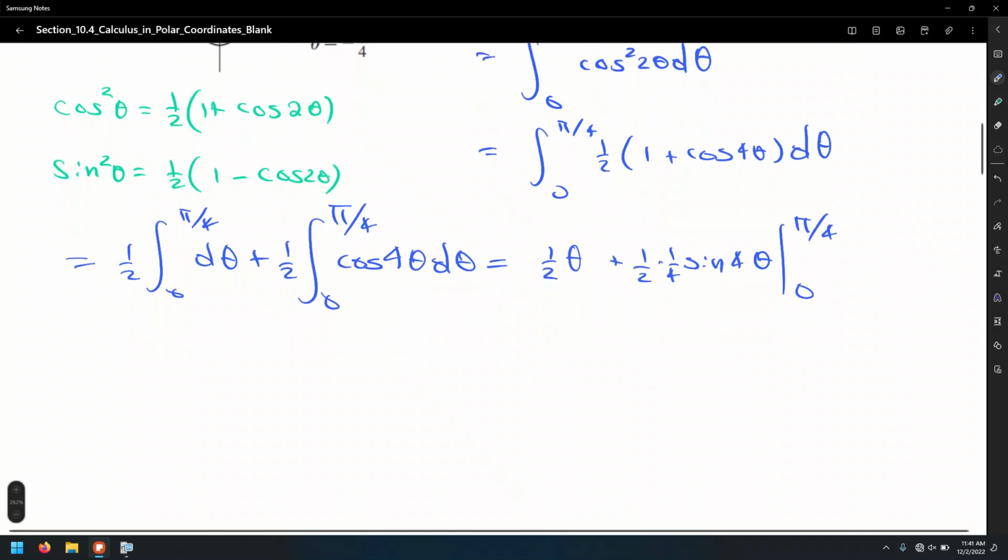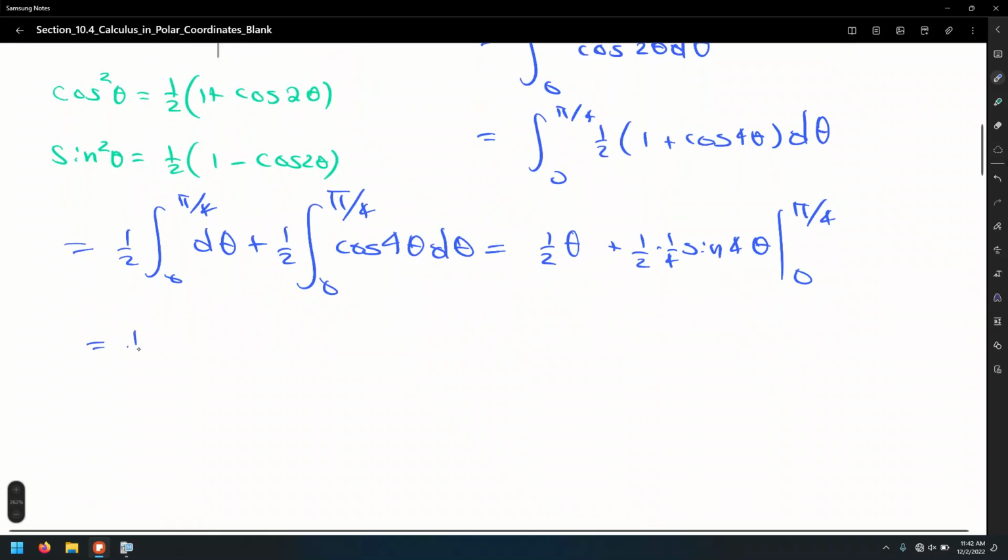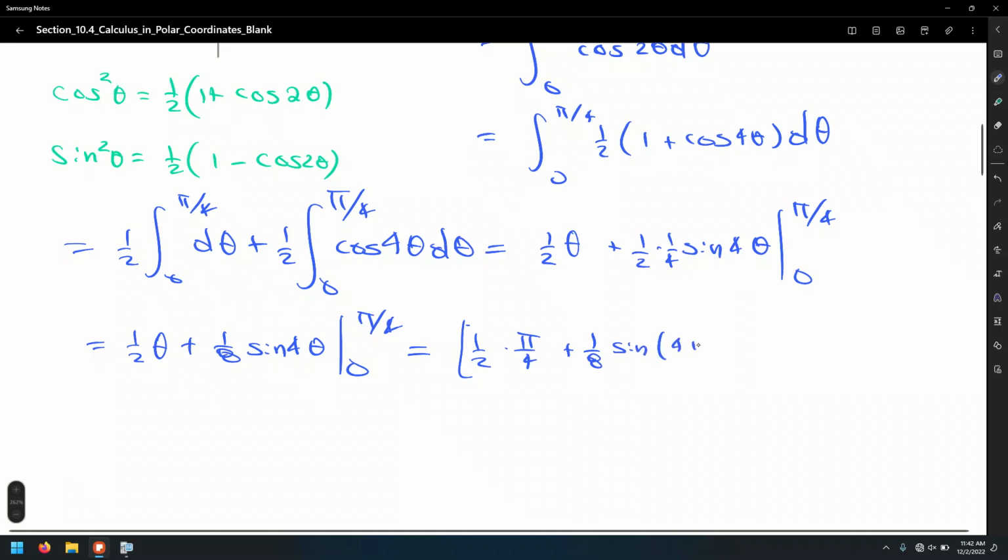Okay. Let me simplify the answer to the integral. And you know the drill for the rest of the problem. Fundamental theorem, upper limit minus lower limit. So that's 1/2 pi over 4 plus 1/8 sine of 4 pi over 4, minus 1/2 times 0 plus 1/8 sine of 4 times 0.